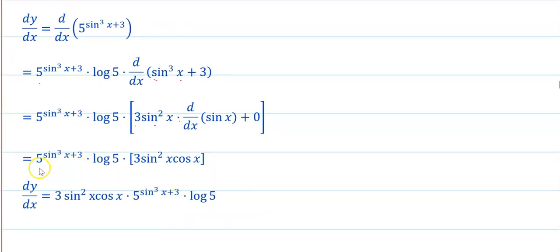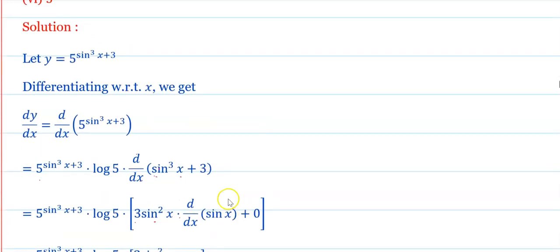That is 5 raised to sin cube x plus 3 into log of 5 into 3 sin square x into cos x. And then we will write here, first of all, 3 sin square x into cos x into 5 raised to sin cube x plus 3 into log of 5, and in this way we completed this derivative.